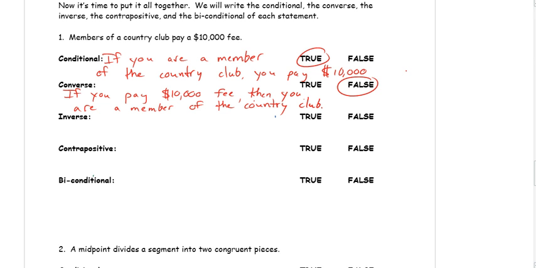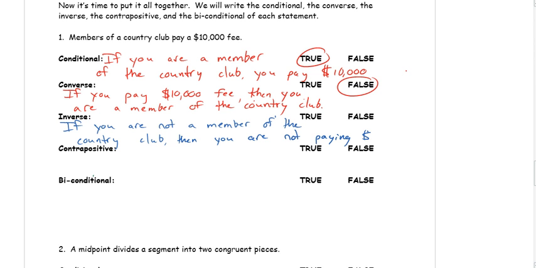The inverse, okay, this is where we negate the original conditional statement. So we're going to say if you are not a member of the country club, then you are not paying the $10,000 fee.